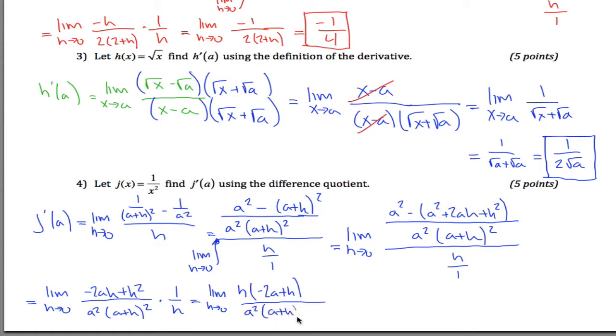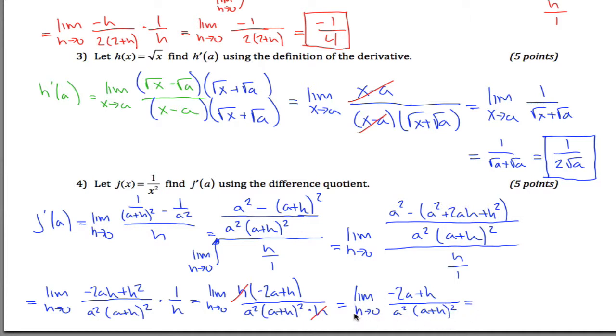Because the important thing was to get rid of this h, this thing that's going to 0 in the denominator here. I can do that now. This h and this h cancel. And so I get the limit as h approaches 0 of, in the top, I'm just left with negative 2a plus h. And in the bottom I'm left with a squared times a plus h squared.